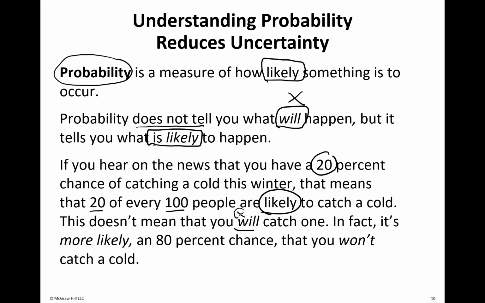It does not mean that you will catch one. In fact, it is much more likely, 80%, that you will not get the cold. So this is the probability. It measures how likely something is or will be happening.